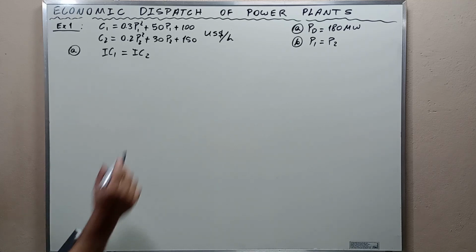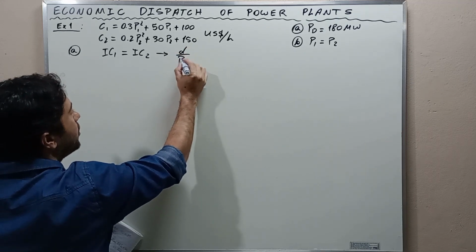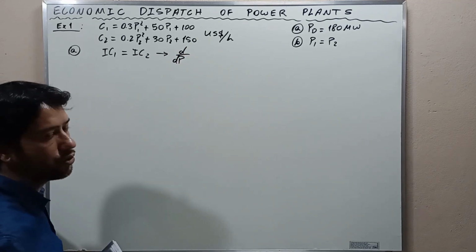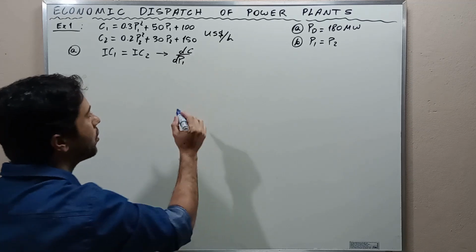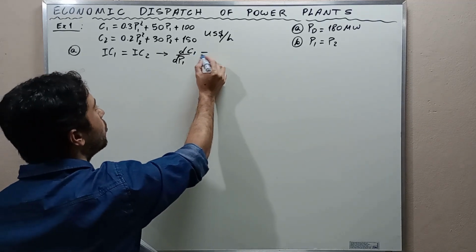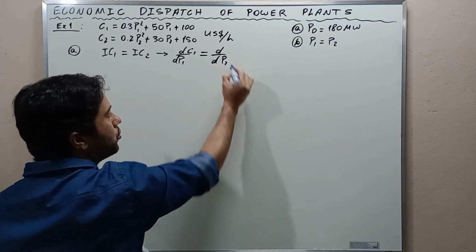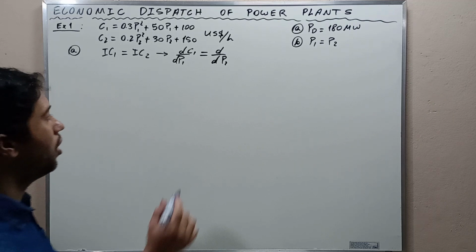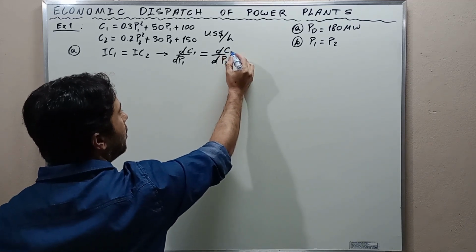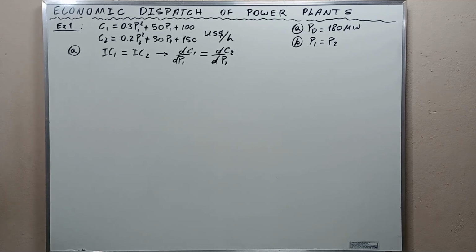And this is the derivative with respect to the power output of generating unit 1 of the cost of operating generating unit 1 has to be equal to the derivative with respect to the power output of generating unit 2 of the cost of operating generating unit 2, okay?